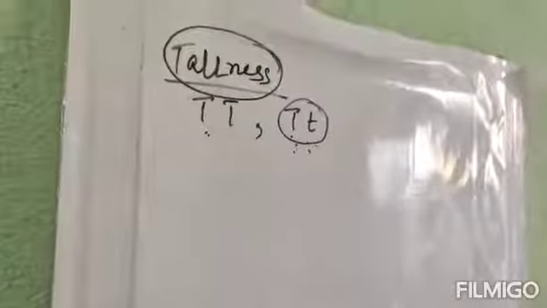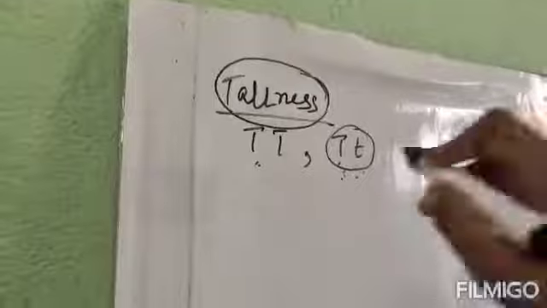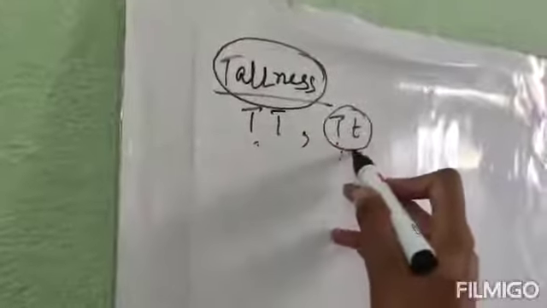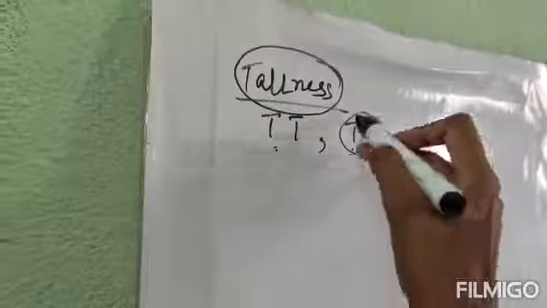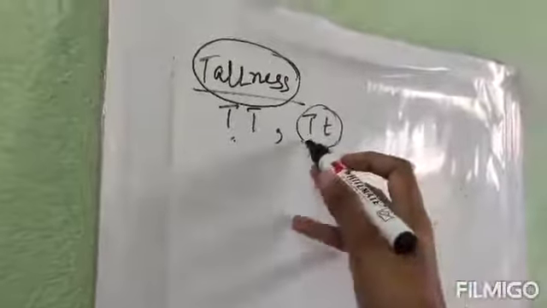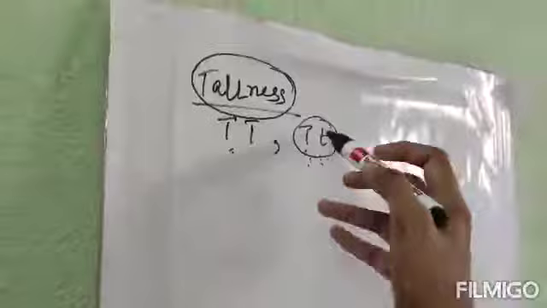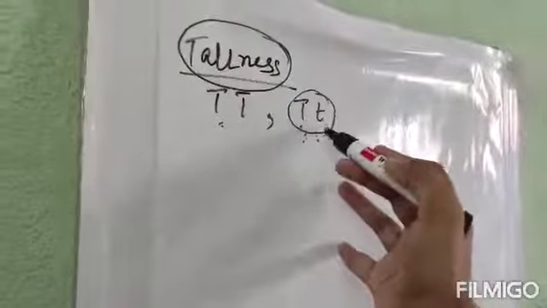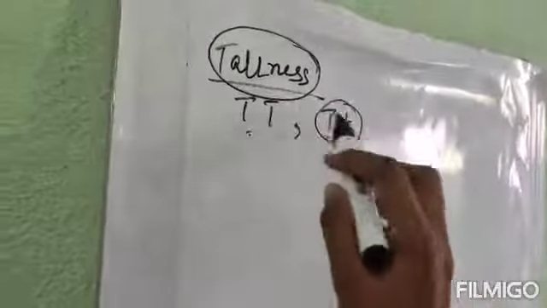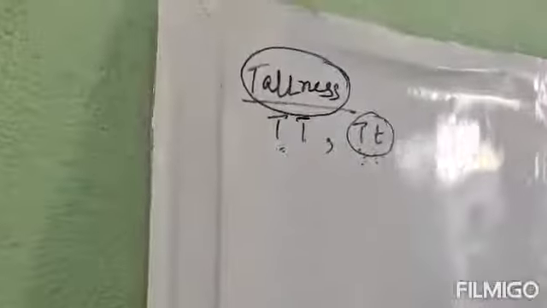Just like in the example, the phenotype tallness is expressed by both of these genotypes. And as capital T is the dominating character, it is expressing itself in association with the recessive one. So that is why different genotypes can express the same phenotype. Got it? Next, number 15.